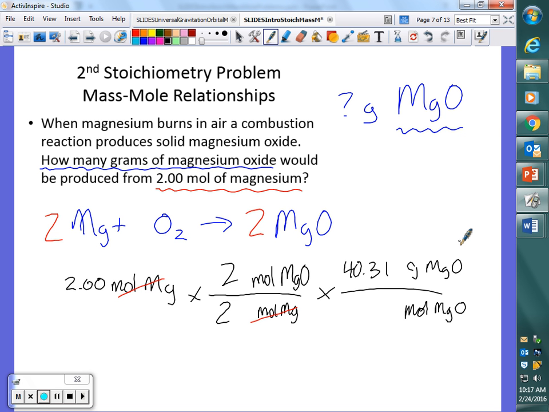So when we are converting from moles to grams, or vice versa, that's going to be a 1. Even though in the previous conversion factor, we had moles of magnesium oxide and we put a 2 in front of it. We did that because we were converting moles to moles.